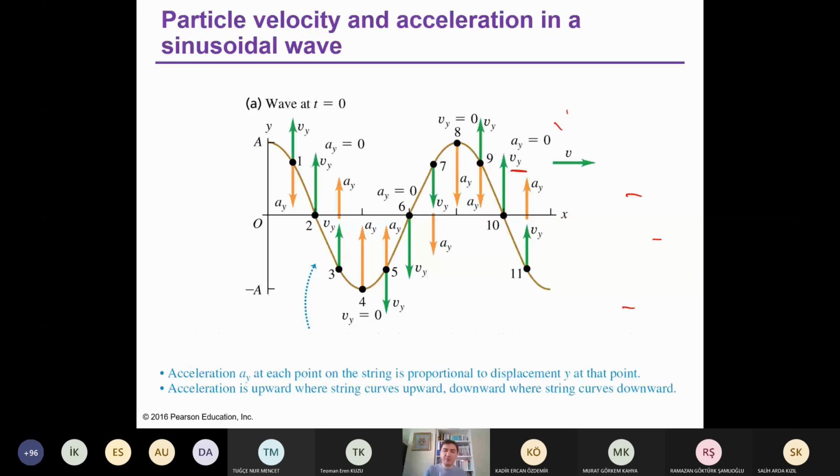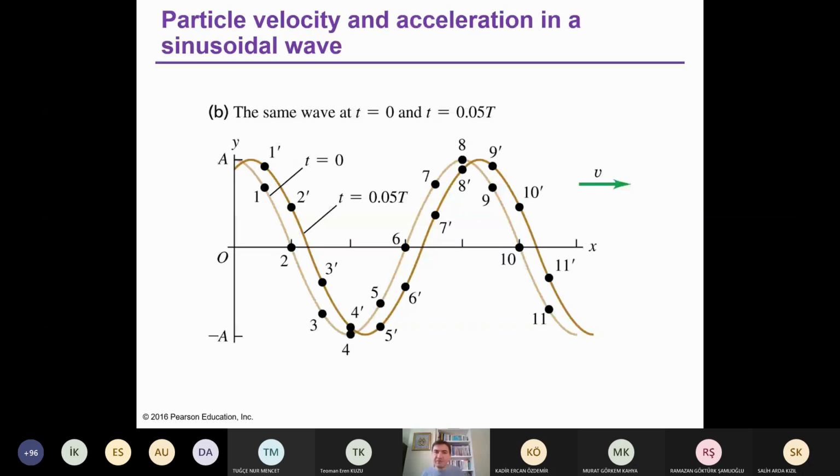And here we have the same wave at different times. Here we have the wave with time equal to 0, this one, and we have the same wave when the time is 0.05 period, okay? So the time is changed, and here we have a particle, let's say.